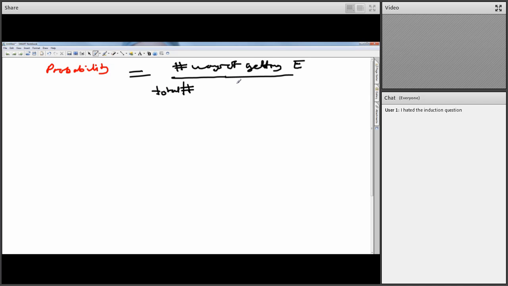So the number of outcomes you're interested in divided by all the possible outcomes you can consider. That's the basic way of doing probability, essentially. This idea of probability is the frequentist approach, or the formulaic approach.